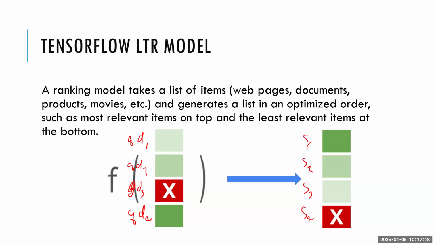So compared to ListNet, ListNet cares about the entire list, right? Because when you do the loss function, you look at all of the query document pairs, and then you want to minimize the loss for every query document pair.